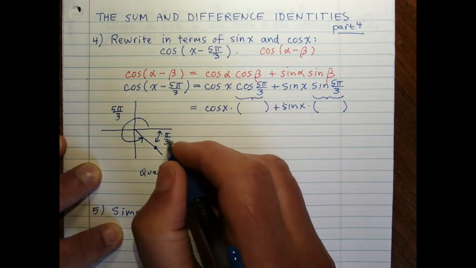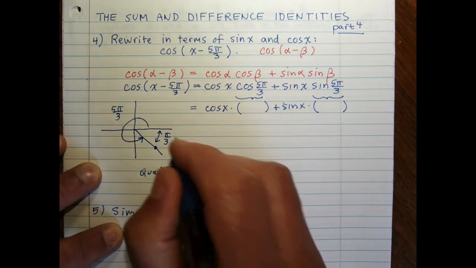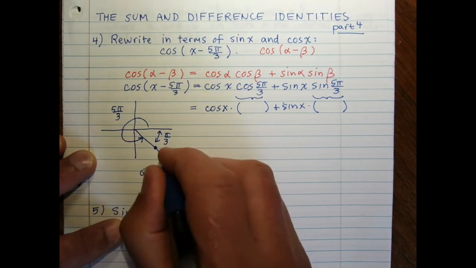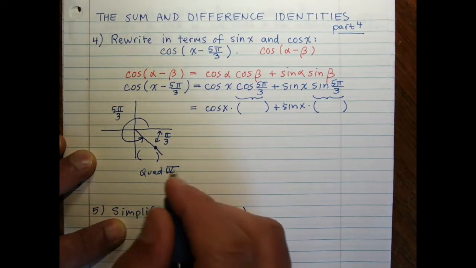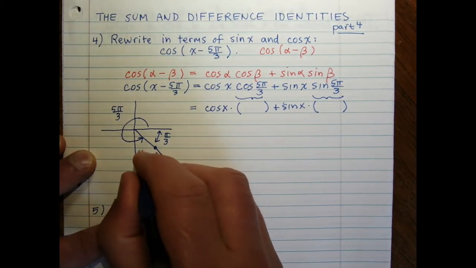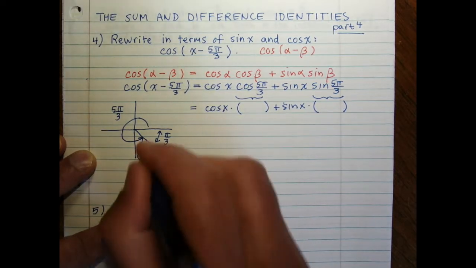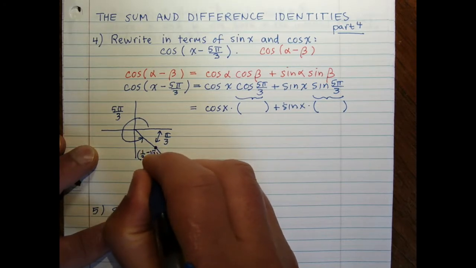We know the cosine of pi over 3 is a half. We got that memorized. The sine of pi over 3 is square root of 3 over 2. Now the difference here with 5 pi over 3 is we're in quadrant 4, so the cosine will be positive, so the cosine is just positive a half, but the sine will be negative. Sine is going to be negative square root of 3 over 2.